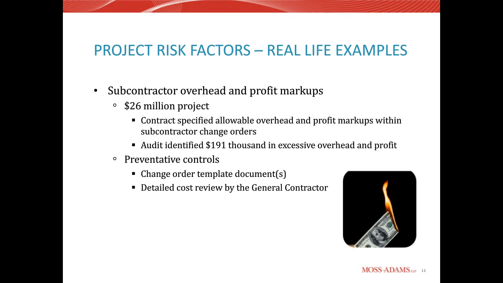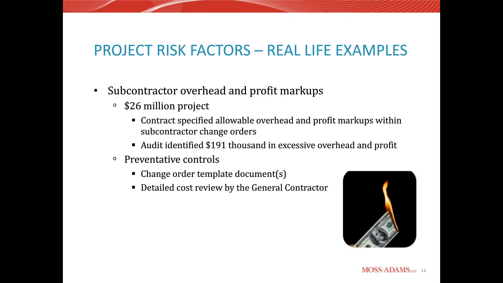Through an audit of the subcontracts, we actually ended up finding just over $191,000 of unallowable cost, to which the owner was reimbursed by the contractor for the contract noncompliance.